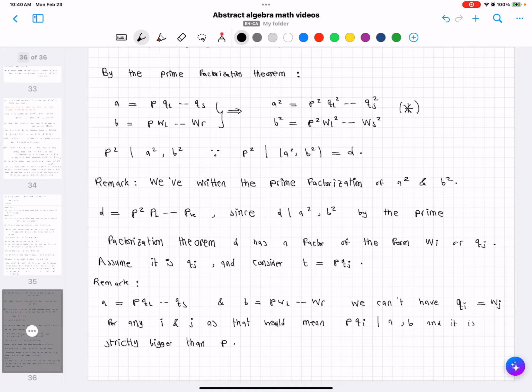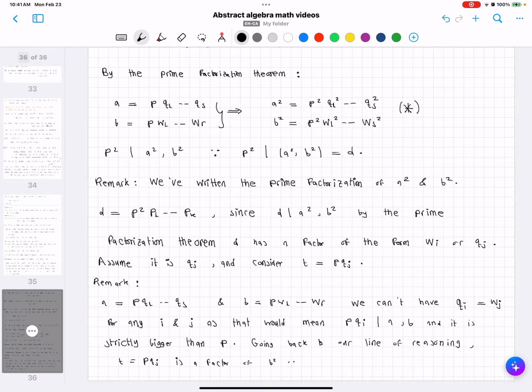So now, going back to our line of reasoning, we have that T, which is P times Qj, is a factor of B squared.